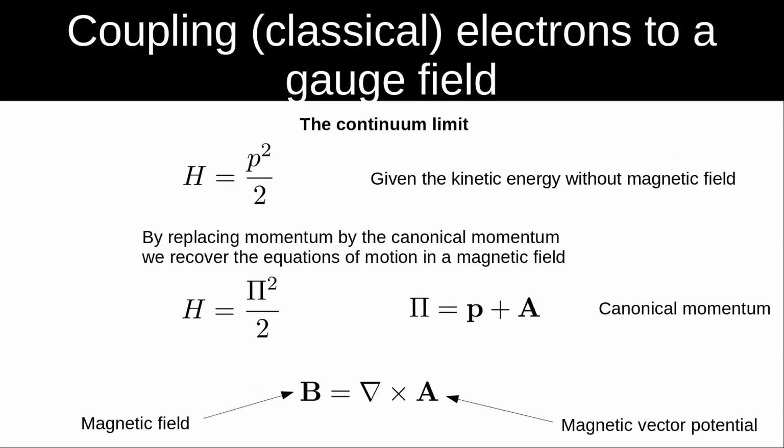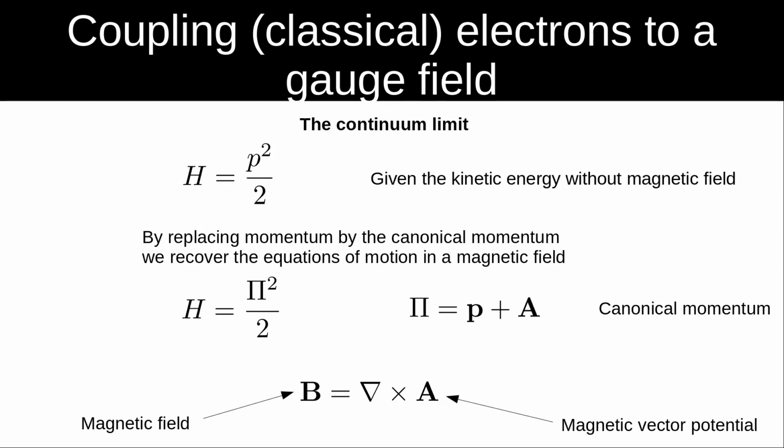Now, what we are going to focus on is understanding what the wave functions of the quantum Hall state are, and in particular, how the mathematical structure of these wave functions actually brings up all these topological properties. Perhaps the simplest way to start is by recalling how classical electrons get coupled to a magnetic field.